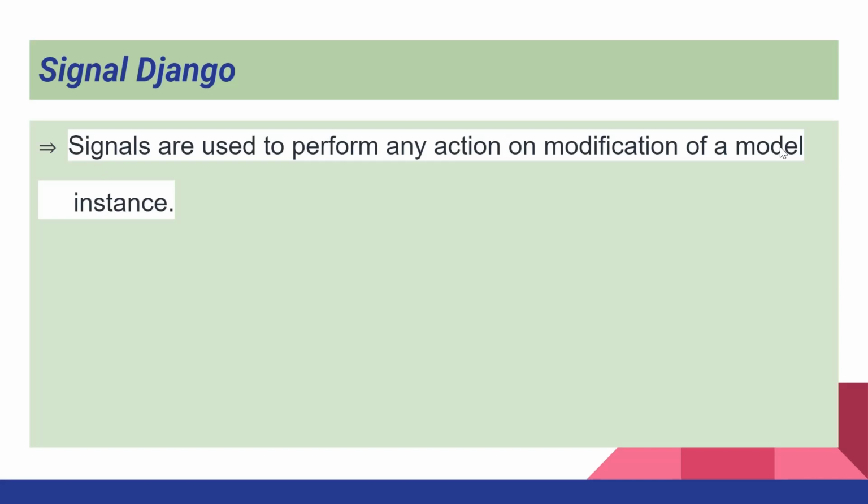HTTP POST means inserting data. The request and response handler, views.py, saves the data, and then the signal quickly runs the action you mentioned in signal.py. So there are two similar works: first views.py, then signal.py, which does a similar work, modifying data in the databases.